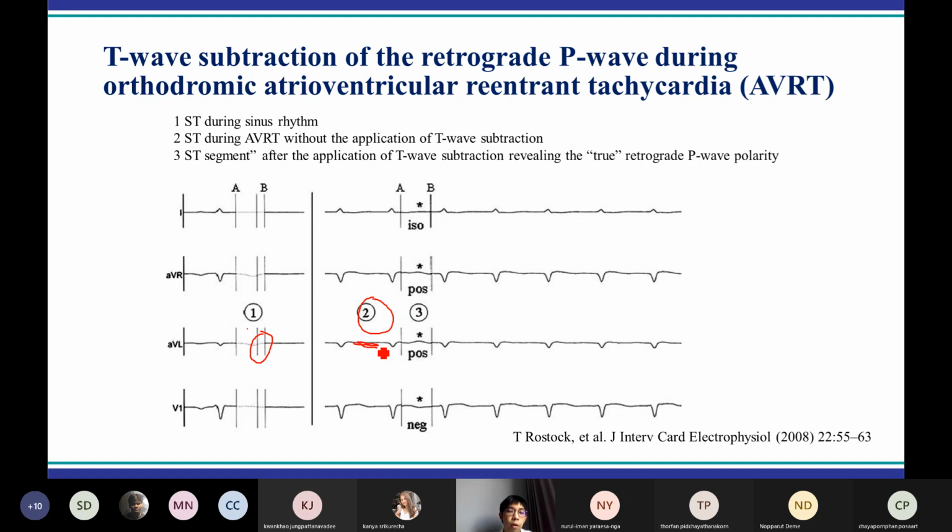If we subtract the T wave in normal sinus, surely the retrograde P wave should be positive in this lead. Anyone confused about this? It is not clinically applicable in a real setting. I just want to tell you that you could use this subtraction to see if the P wave has positive or negative polarity.